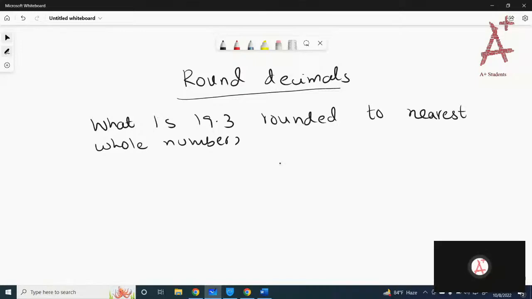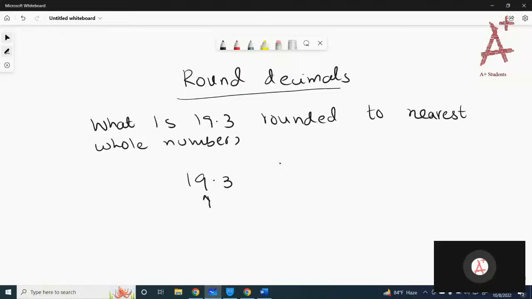Okay, so you have 19.3. You have to round off the number to the nearest whole number. Got it? So find the place you want to round. We want to round to the nearest whole number, so that is the last whole number digit we have to round.